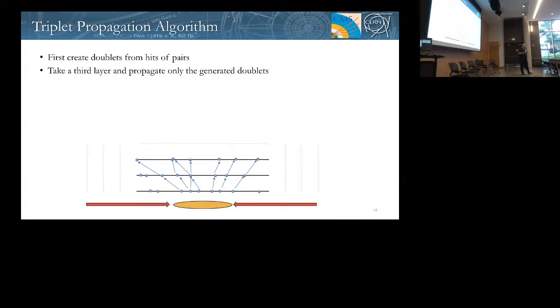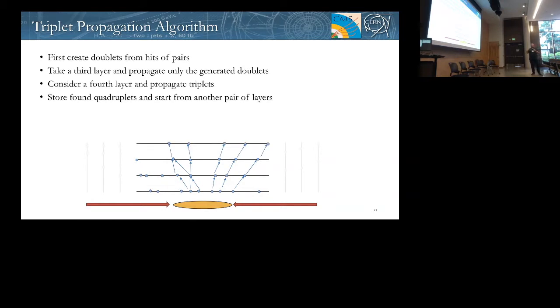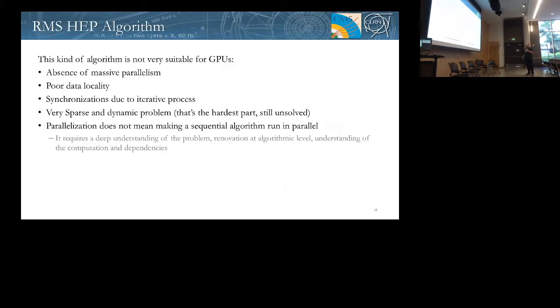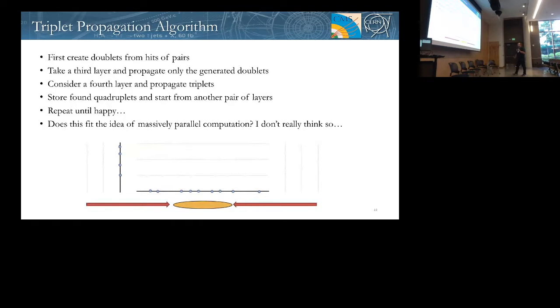This is the 2016 algorithm. Then, if you want to extend this, you have all the triplets, and you propagate to the fourth layer. So you store quadruplets, and you start from another layer pair, and continue until you are happy.